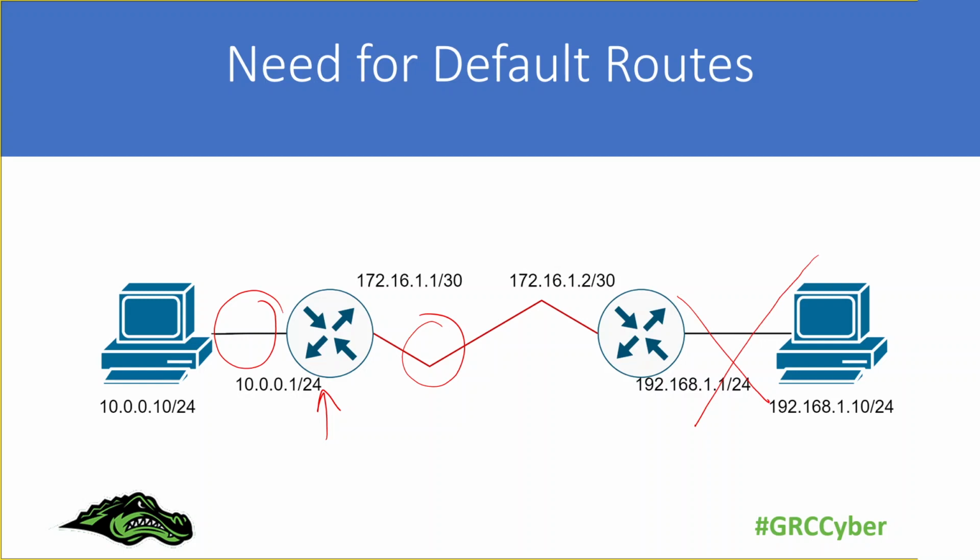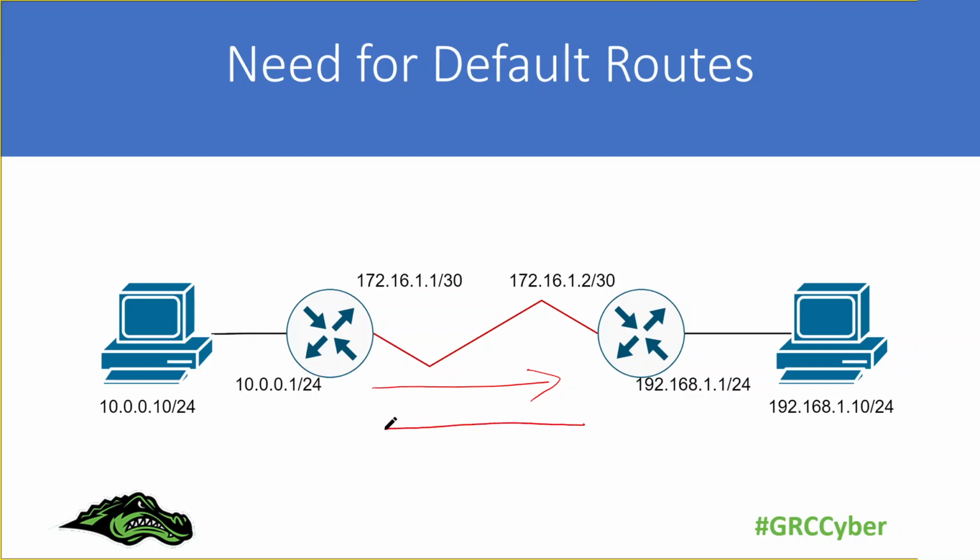Therefore, for the router on the left to be able to reach the network on the right, it needs a default route that tells it to go over to the other router. Likewise, the router on the right knows nothing about the network on the left, and therefore it also needs a default route to send traffic back. So default routes can help us communicate the traffic back and forth.